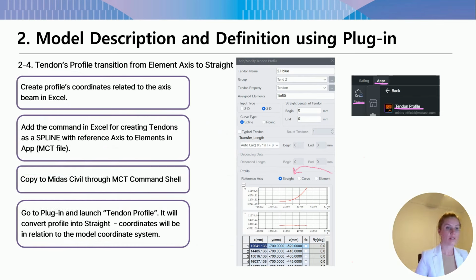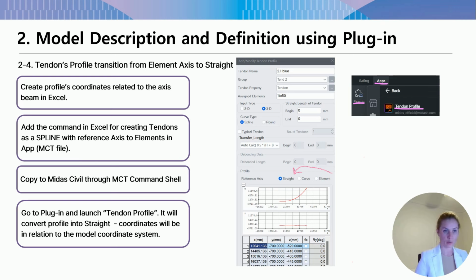Here is the sequence of what we need to do to create the right tendon profile for a curved bridge. Let's imagine that we've handled creating profile coordinates in Excel. Add the command in Excel and then copy to MIDAS Civil through the MCT command shell.